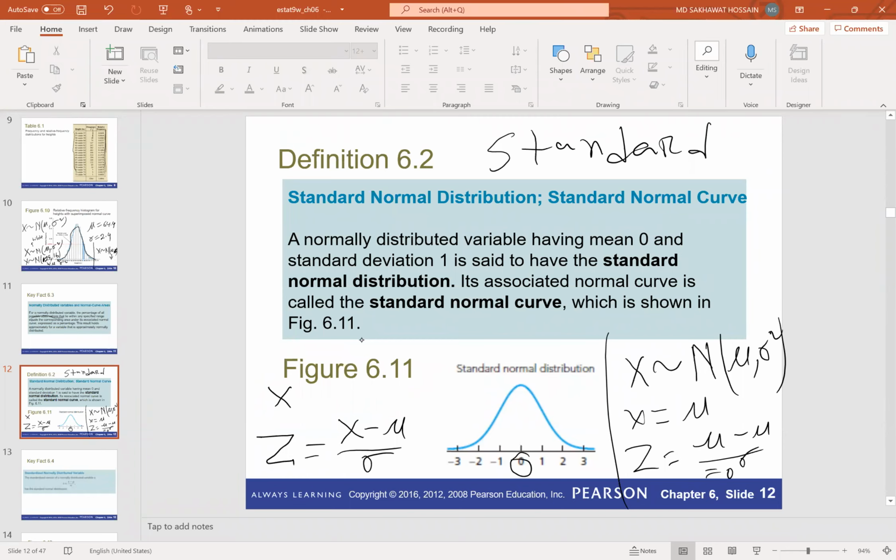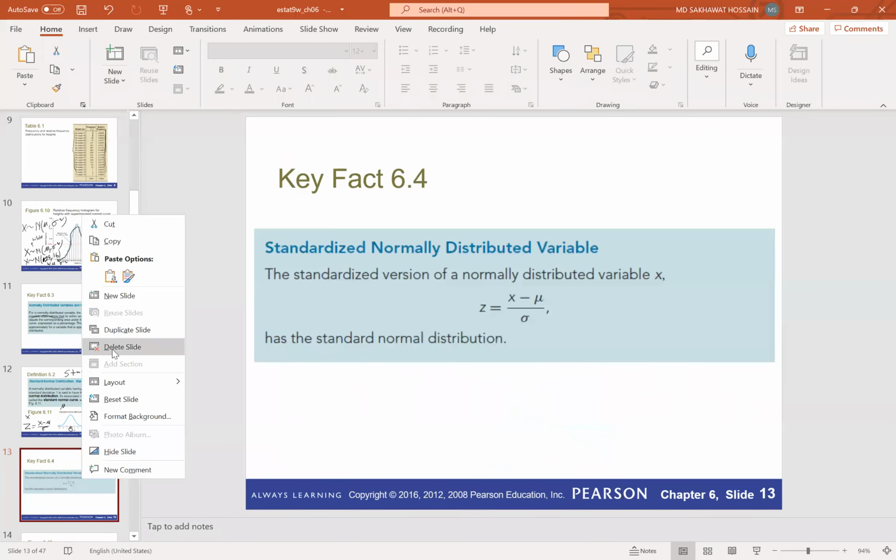And one standard deviation above the mean will be 1 for a standard normal distribution. Previously this number was mu plus sigma. Okay, so let me show it.